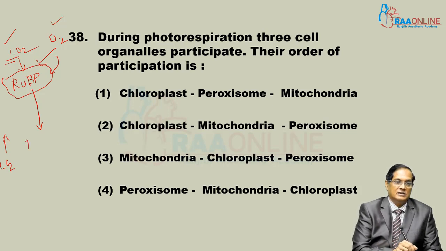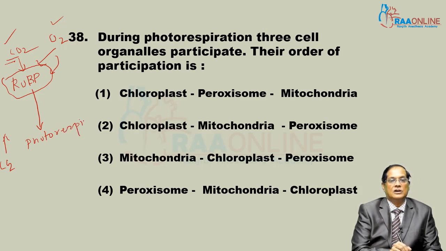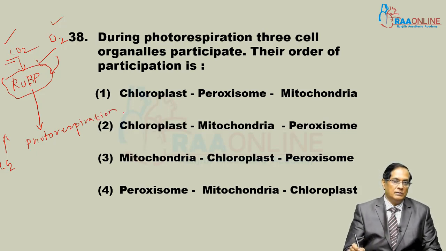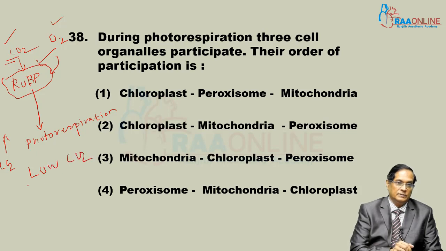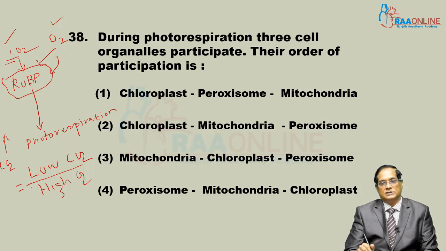This activity is called photorespiration, that is, conditional oxidation of RuBP in the presence of light. When there is low CO2, not available up to the requirement, and oxygen is already high in the atmosphere, this is the condition for photorespiration.